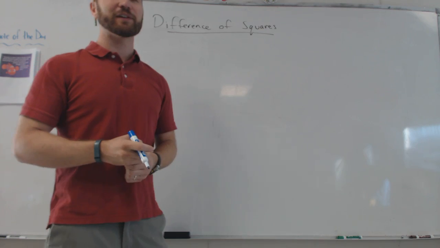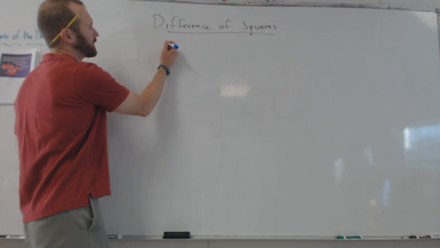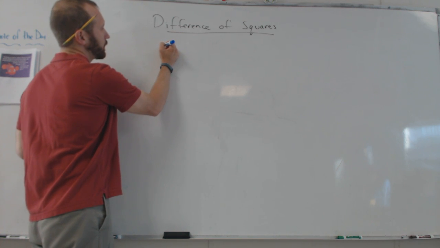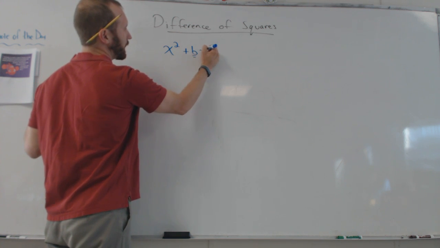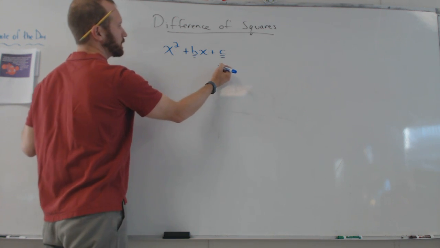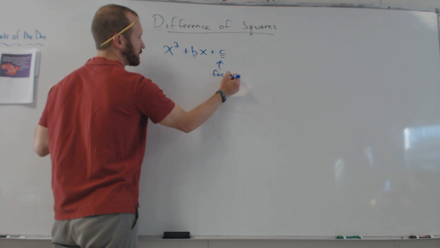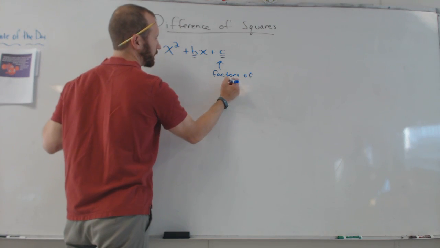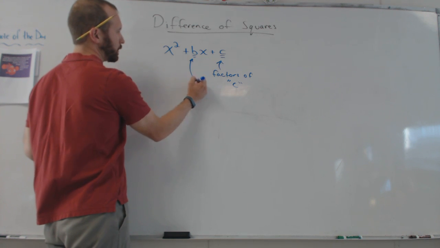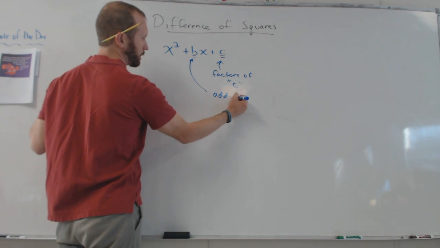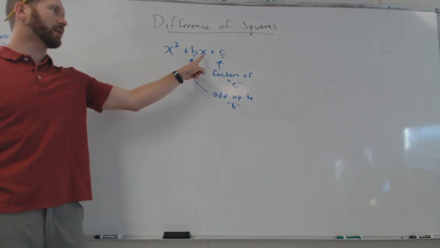So today we're talking about the difference of squares, which is a special case of factoring. And we just reviewed a problem like this. When we factor something that looks like x squared plus some number x plus another number, we're always looking for factors of c, this last number, that add up to b, where b is our coefficient on x.